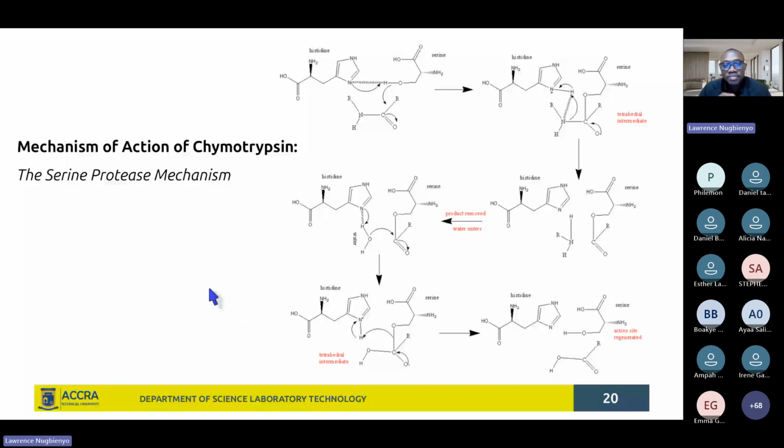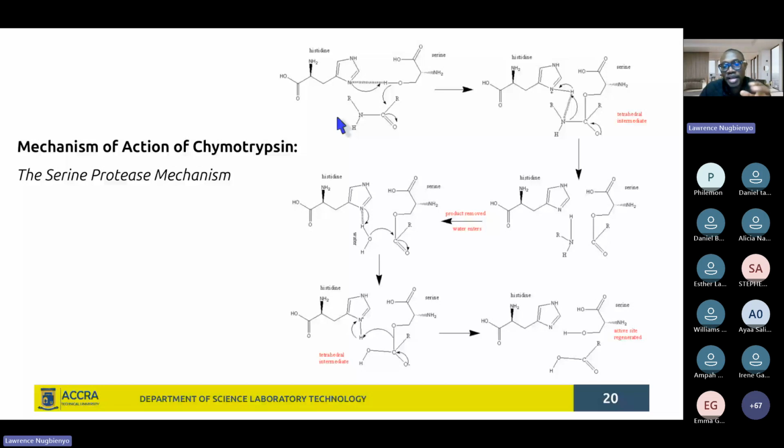Now, what you see here, this is the active center. We are only taking the active center of an enzyme, which is histidine and serine. Those are the two amino acids in the active center of the enzyme. And the substrate is a protein.